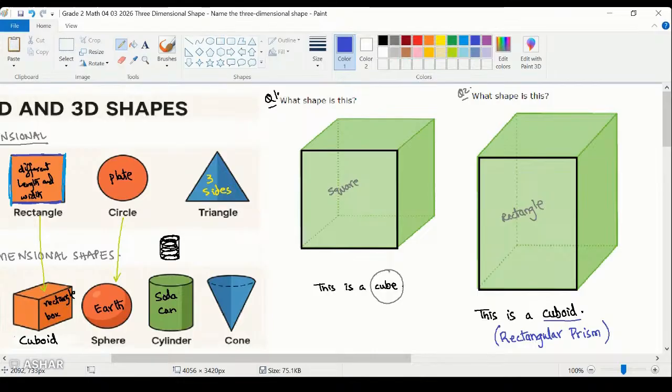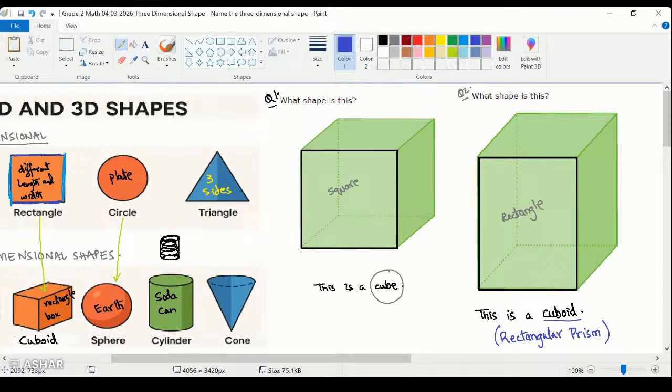A window can be a rectangle or a window can be a square, right? Do we agree? A cuboid is also known as a rectangular prism.